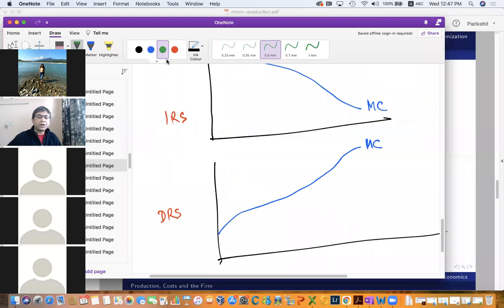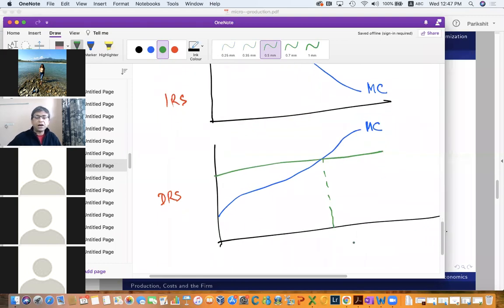And if there's a market price, this point is the candidate for the optimum output, for the profit maximizing output level, right? X star. And indeed, it is profit maximizing in this picture because this area captures the profit.